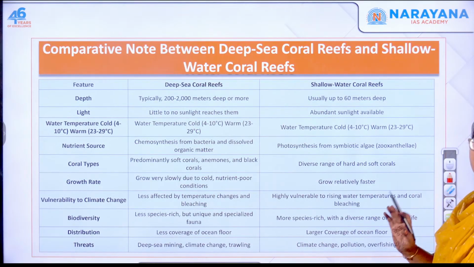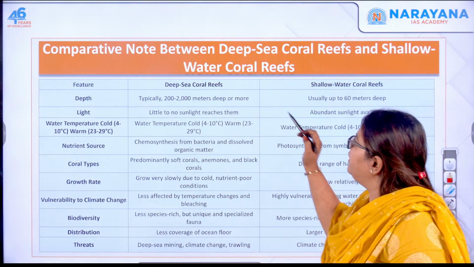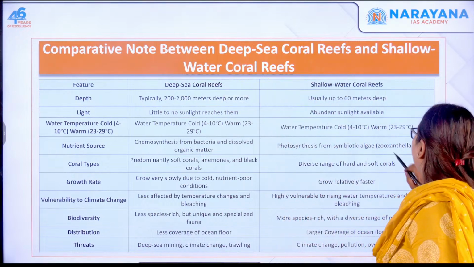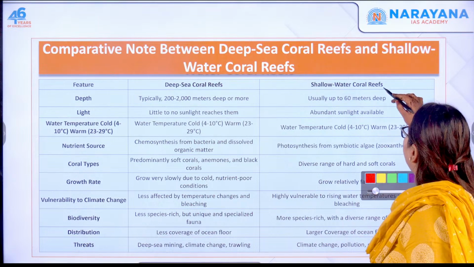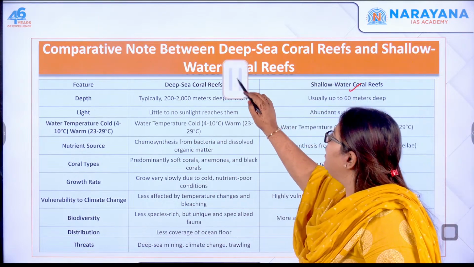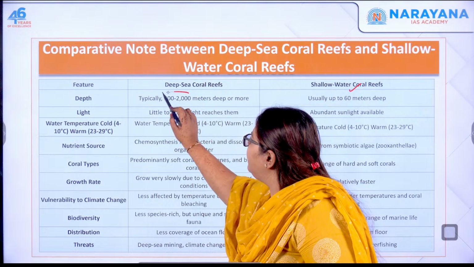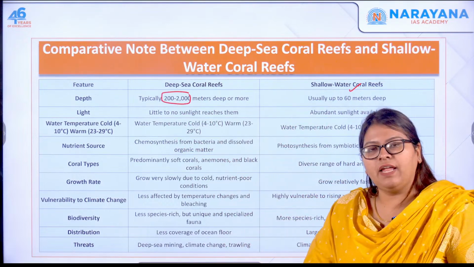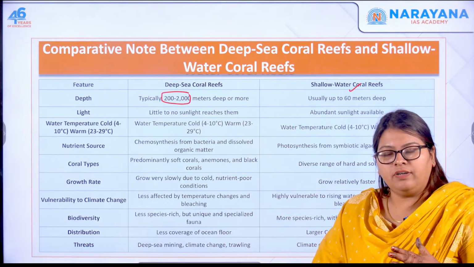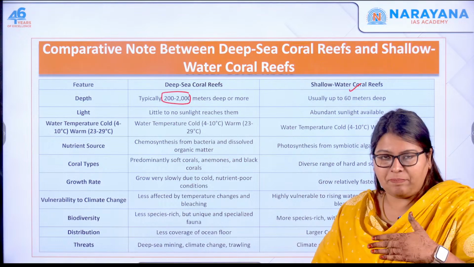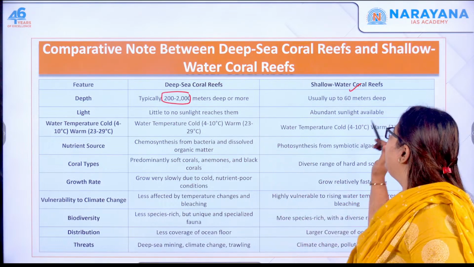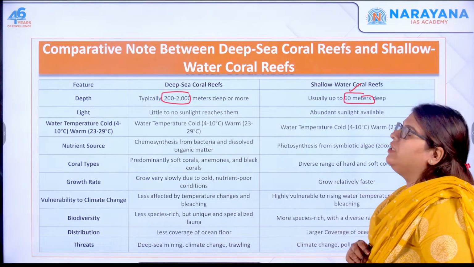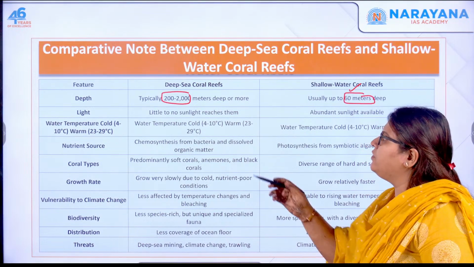Now let us quickly see the difference between the deep sea corals and the shallow water corals. So the deep sea corals can survive at a deep depth, that is 200 to 2000 meters. Here it is only up to 60 meters. Next, if you see the light.